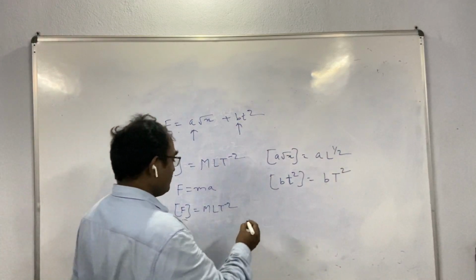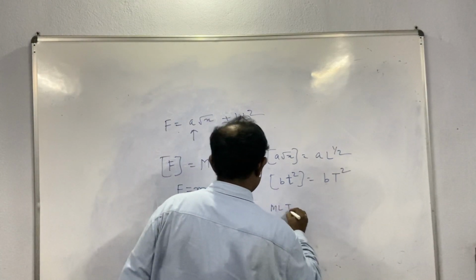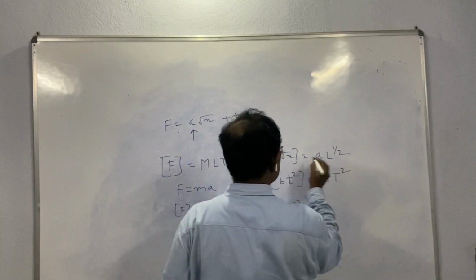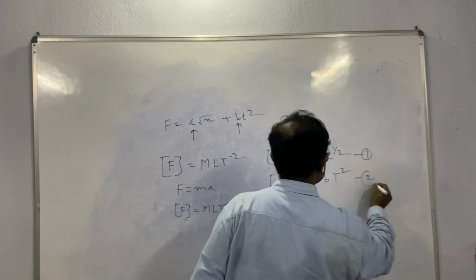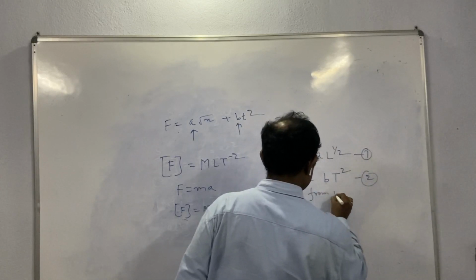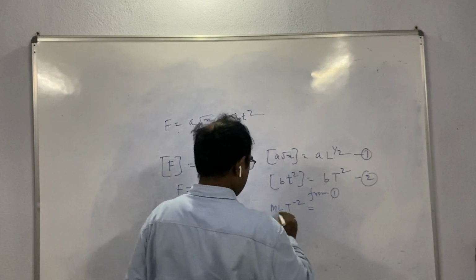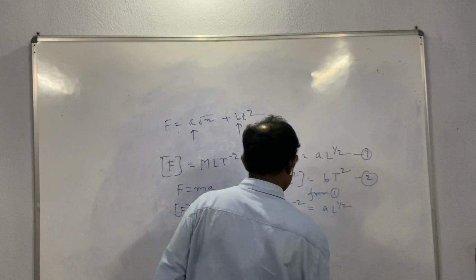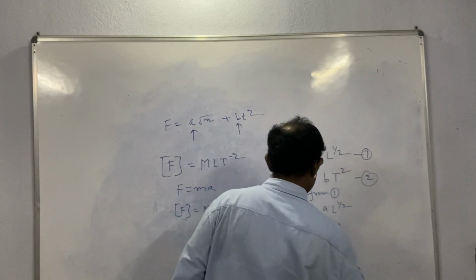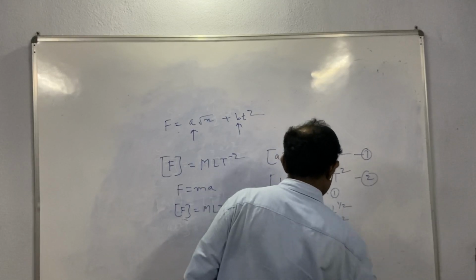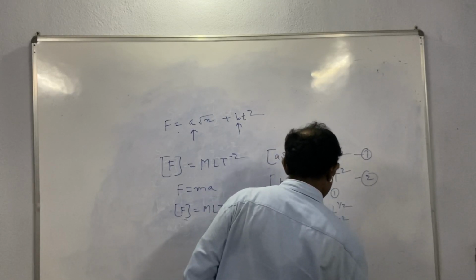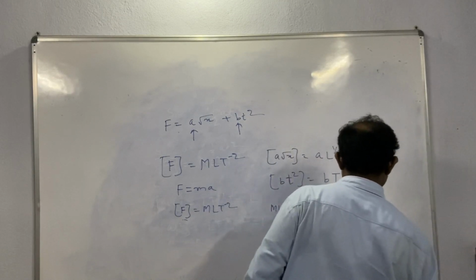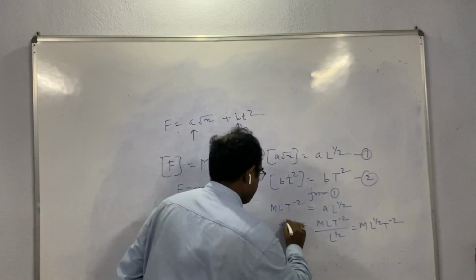For that, we can write MLT^-2 equals a L^(1/2), and call this equation 1, and the other equation 2. From equation 1, MLT^-2 can be written as a L^(1/2), then a will be the dimension of a.